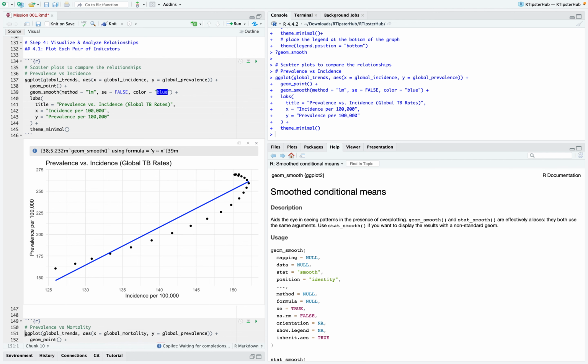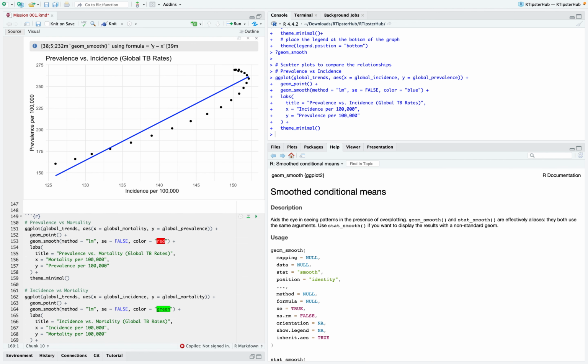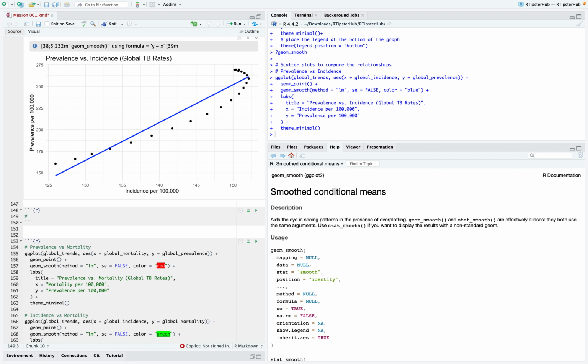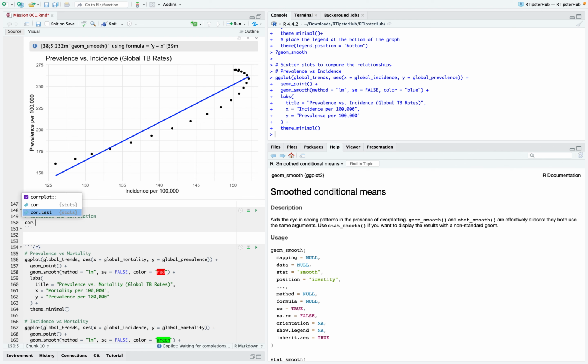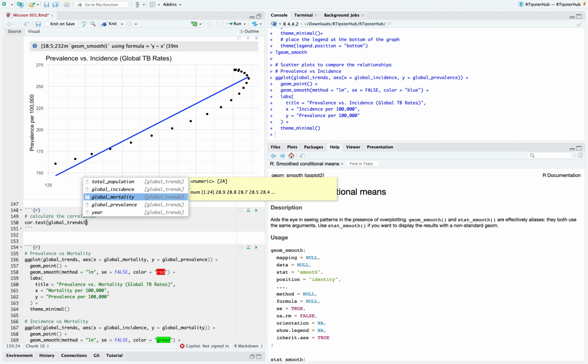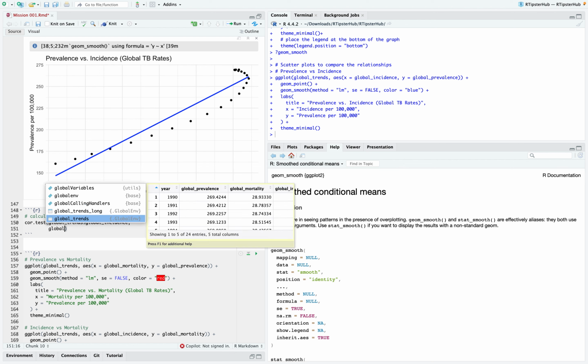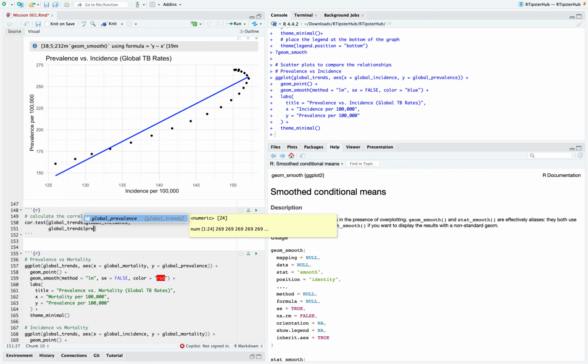And then one thing that we can do here from the statistical point of view is to calculate the correlation coefficient. So we say cor.test, and then global trends incidence and global trends prevalence.